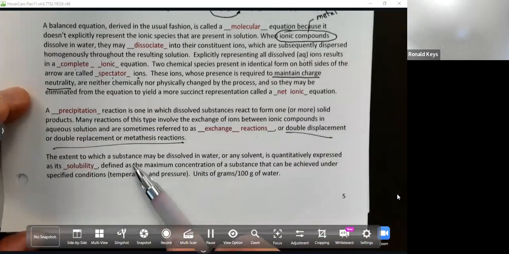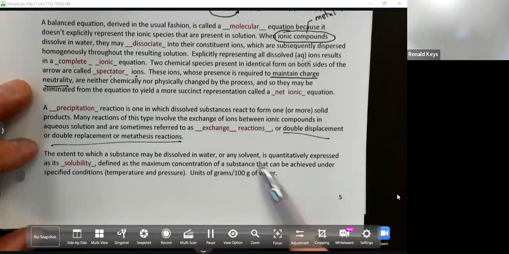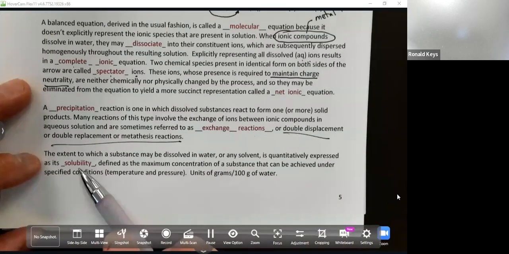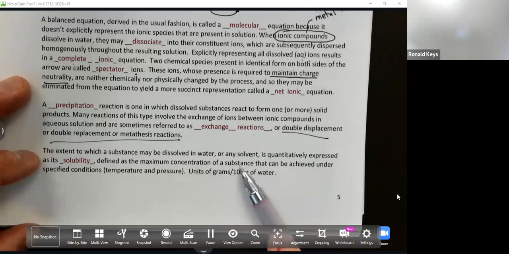The extent to which a substance may be dissolved in water or any solvent is quantitatively expressed as its solubility, defined as the maximum concentration of a substance that can be achieved under specific conditions, temperature and pressure. The units are grams in 100 grams of water.